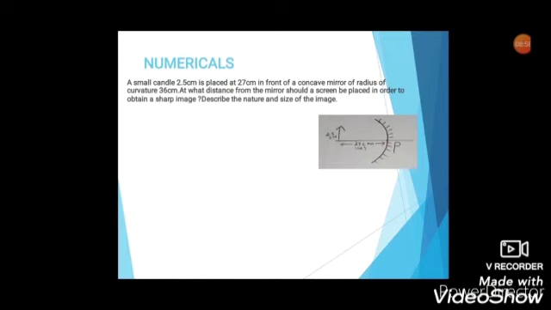That's the nature of the image. And you should also discuss the size of the image. That is, compared to the object, is the size diminished or enlarged? How is it compared to the object? So we have to discuss the nature and size of the image also in this particular question, right? And here they have not asked you the position of the image directly, but rather they have used words like, at what distance from the mirror should a screen be placed?